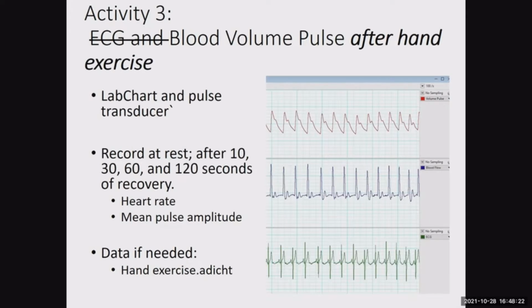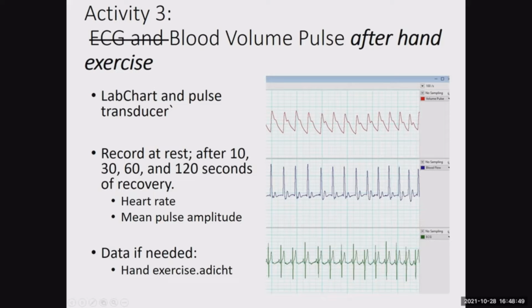The third activity is the ECG and blood volume pulse after hand exercise, and we're actually going to be doing it before and after hand exercise. We're not going to be focusing on the ECG with this activity, so you'll be able to take the ECG electrodes off but keep using the pulse transducer. You're going to start out, again, taking some measurements at rest.